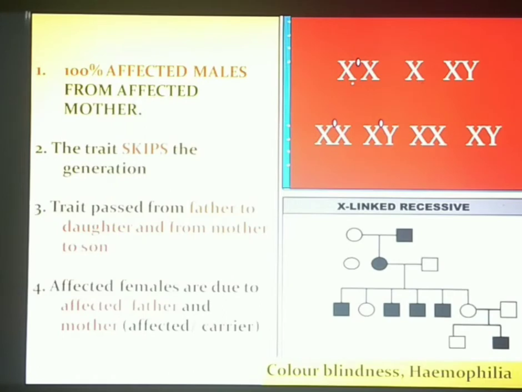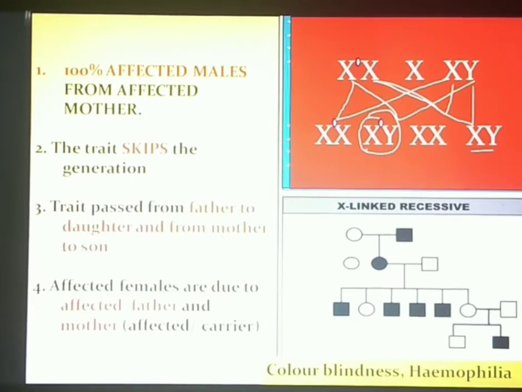Even when the mother is the carrier of the disease, we see that half of the males are having this disease. Right? We can see here half of the males are having the disease, and the other half of the males are normal when the mother is the carrier. And this happens because the males get the X chromosome from the mother and Y from the father.